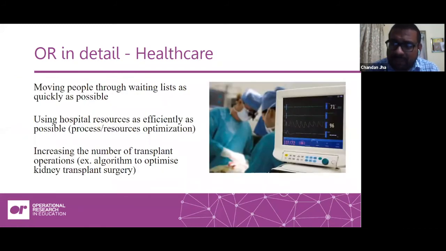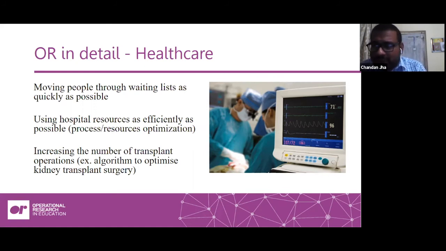Then another example in the healthcare sector. Moving people through waiting lists as quickly as possible. So managing the queue. There are a lot of techniques, like queuing theory. A lot of models are there. Using those models, we can manage all those issues.